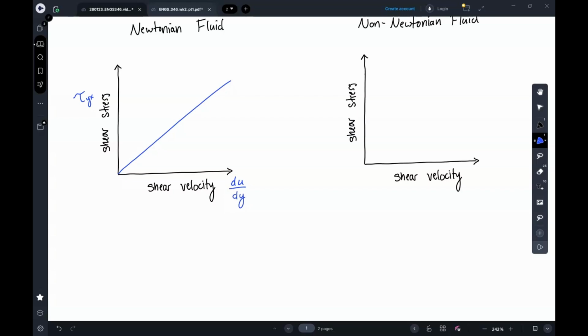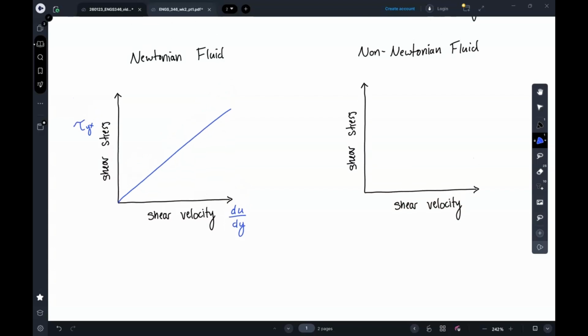Now there are some fluids that don't behave this way. For non-Newtonian fluids, things are not so simple. We can get fluids where the relationship between shear stress and shear velocity goes like this. That would be something like oobleck. You can also get things that appear thinner. This would be shear thinning.